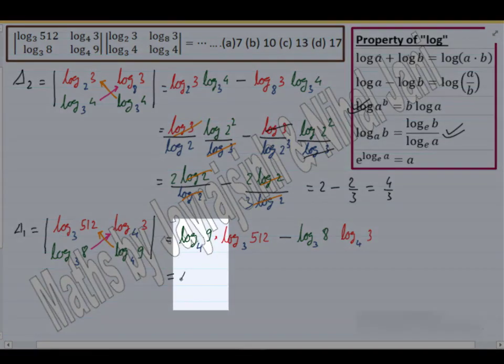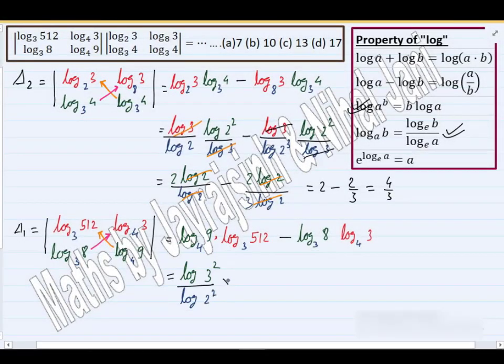So we can say log 9, or we can say 3 square upon log 4, or we can say log 2 square, right?